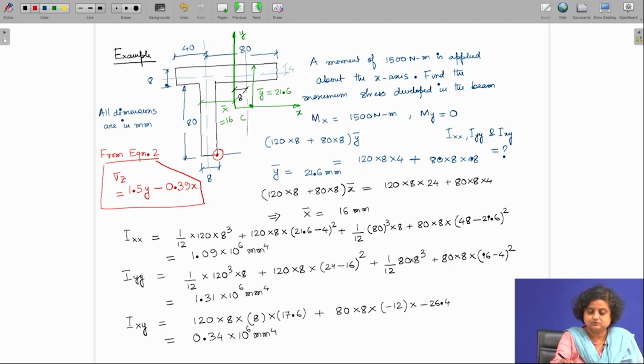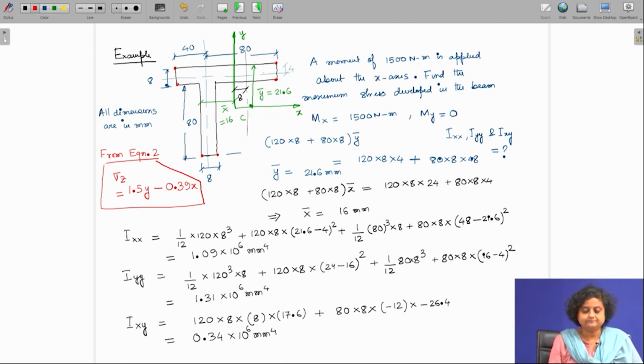One practical way to find out is to check at each of the corner points, this point, this point, this point and this point, to see where the maximum stress happens.